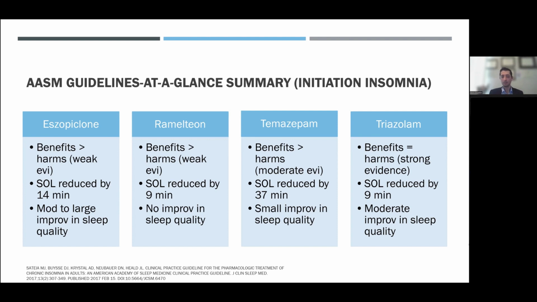So you can see the benzodiazepine and the melatonin receptor agonist have the same reduction in sleep onset latency. Now, we can postulate why there's a perception of better sleep quality with Triazolam. It may have to do with its anxiolytic properties. But you can see here that one is not specifically always better than the other. I also try to shy away from Triazolam. As you can see here, benefits equals harms.